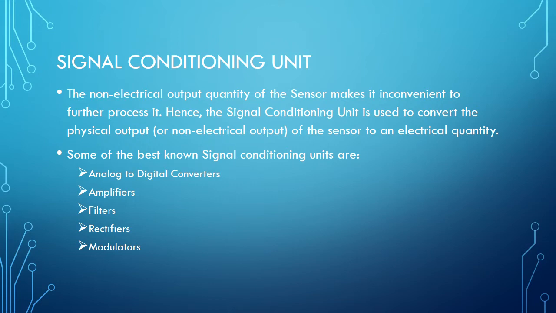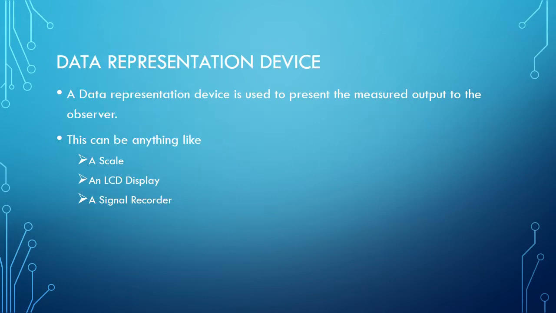Hence, the signal conditioning unit is used to convert the physical output or non-electrical output of the sensor to an electrical quantity. Some examples of signal conditioning units are analog to digital converters, amplifiers, filters, rectifiers, modulators, etc. Next part is the data representation device.